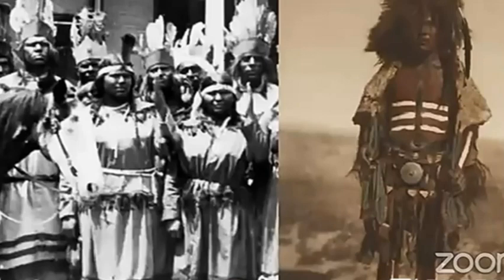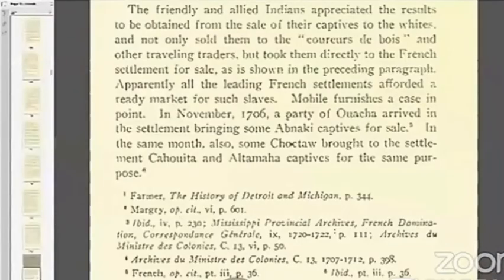Mobile furnishes a case in point. In November 1706, a party of Wakanda arrived in the settlement, bringing some Abenaki captives for sale. In the same month, also some Choctaw brought to the settlement Kawita and Altamaha captives for the same purpose.